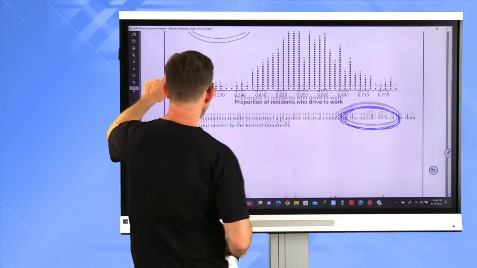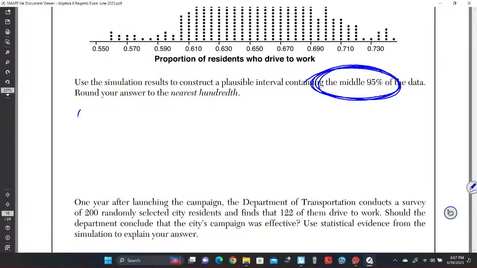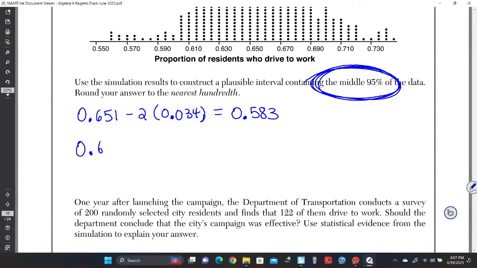So what you end up getting is calculations that look like this. 0.651 minus 2 times 0.034, and that's going to be equal to 0.583, and 0.651 plus 2 times 0.034, and that's 0.719.